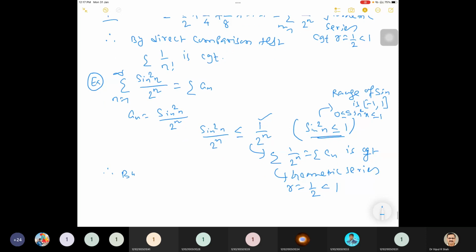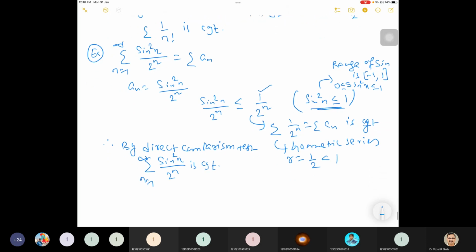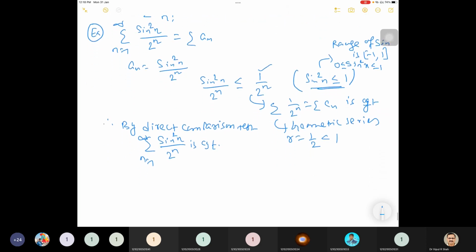So by direct comparison test, series sine square n upon 2 power n is convergent. You understand, everyone? Yes. Okay.